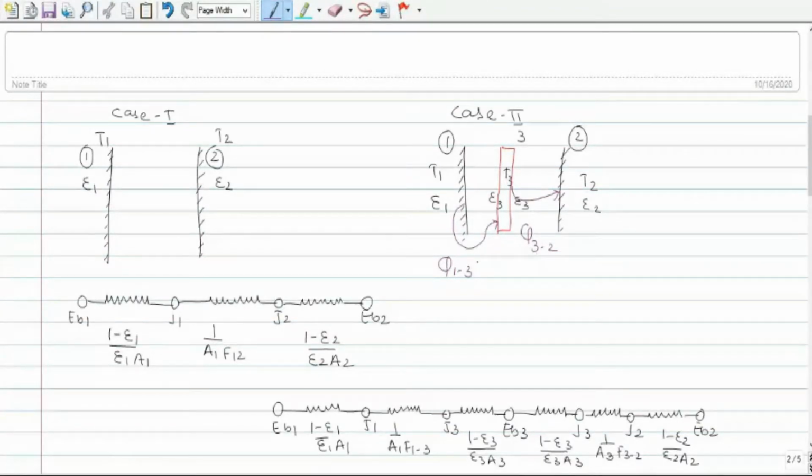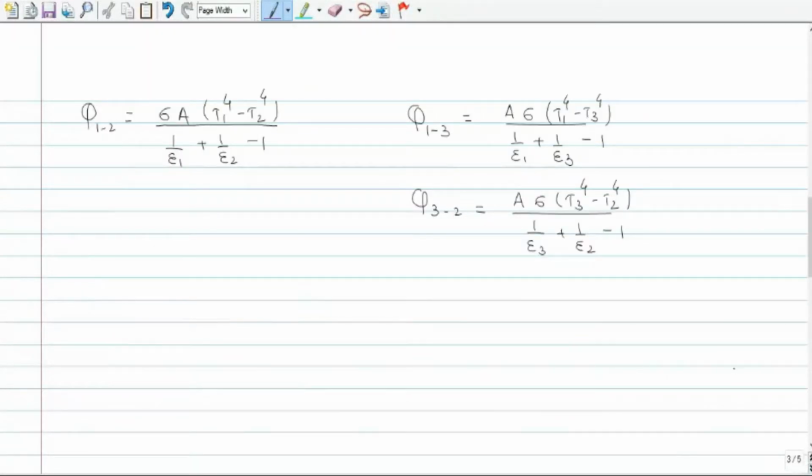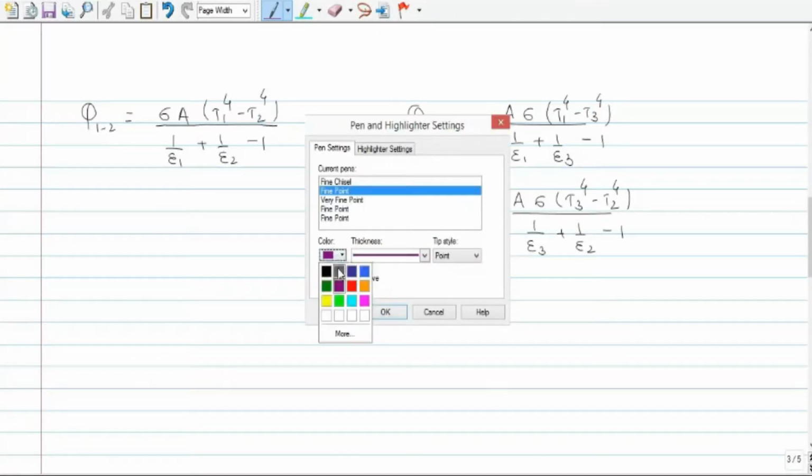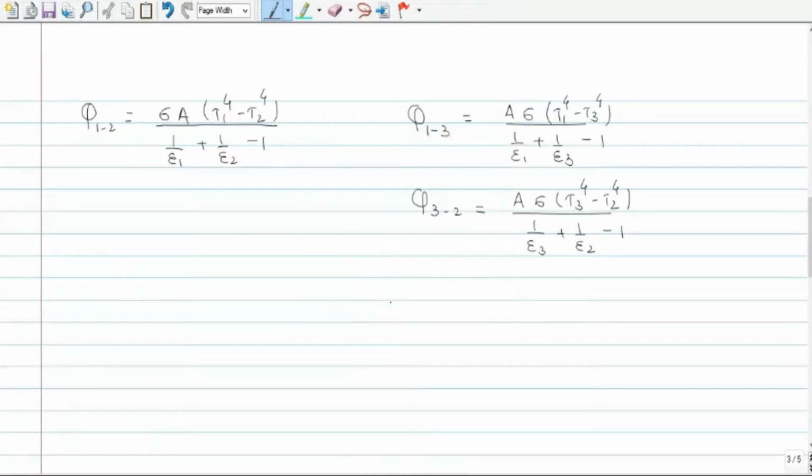So I'm writing down the formula for this net quantity. And now what I'm considering is that the temperature of the shield does not increase, which means I'm going to take the steady state conditions.